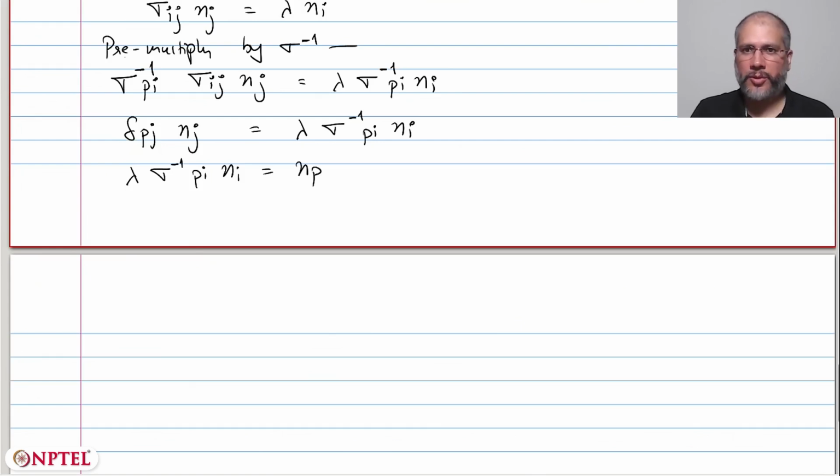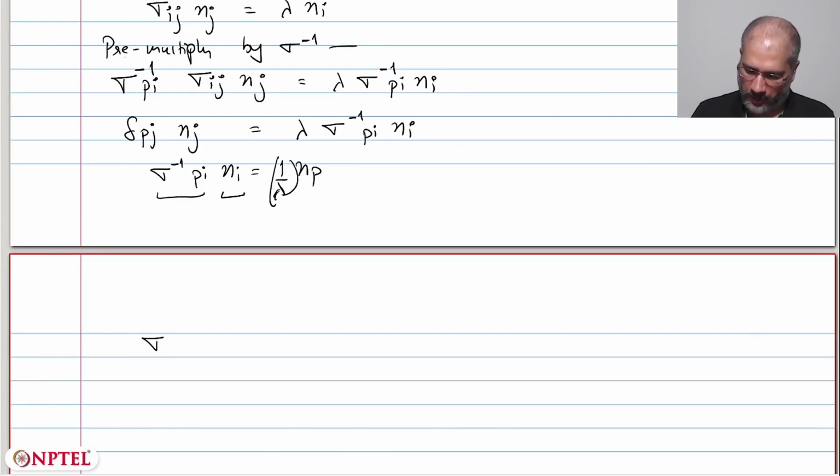This now looks like the eigenvalue problem for sigma inverse, because we have sigma inverse times n, and now I'll move this lambda to the right hand side, so this becomes 1 by lambda times np. So let's write this clearly. Sigma inverse pi times ni equals 1 upon lambda times np.